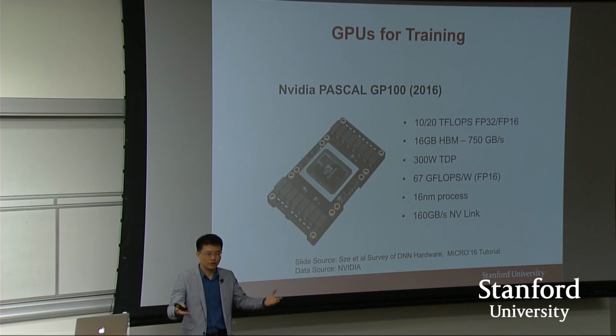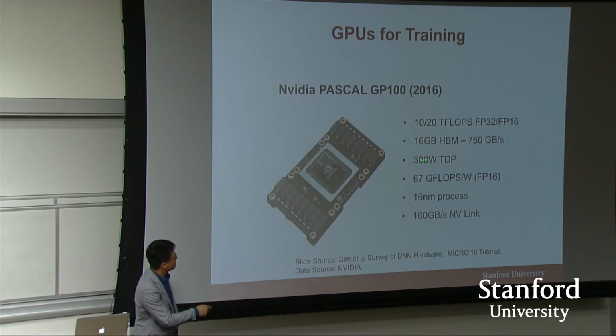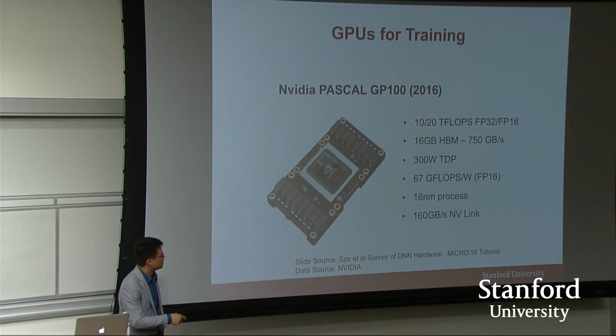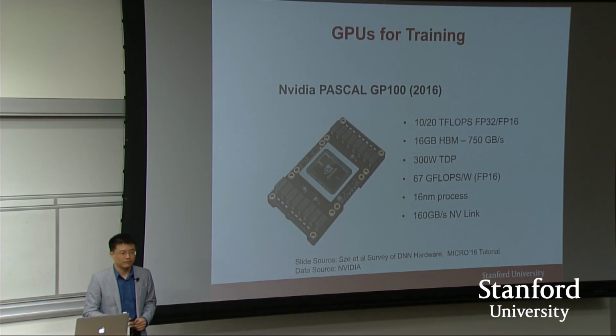Whichever is lower, you will suffer. So this is really high bandwidth, 700 gigabytes, compared with DDR3, which is just 10 or 30 gigabytes per second. It consumes 300 watts, is done in a 16 nanometer process, and has a 160 gigabytes per second NVLink.